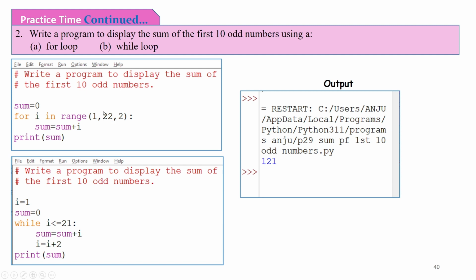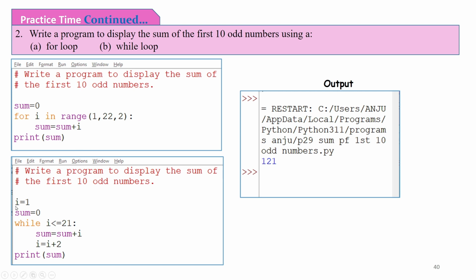So my last value is actually 22 minus 1, which is 21. Sum is equal to sum plus I. In the sum, the value of I will be added, and once it has reached its last value, that is 22, it will come out of the loop and print the final value of sum, which was 121.